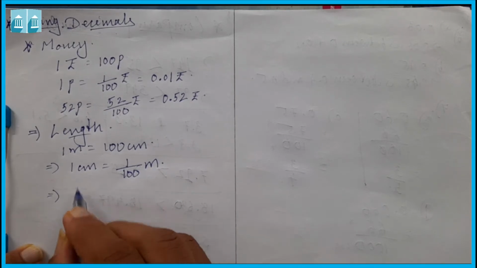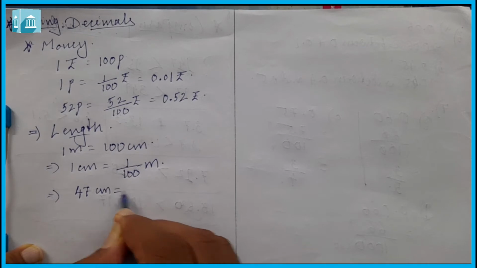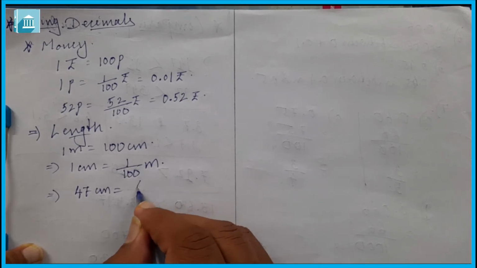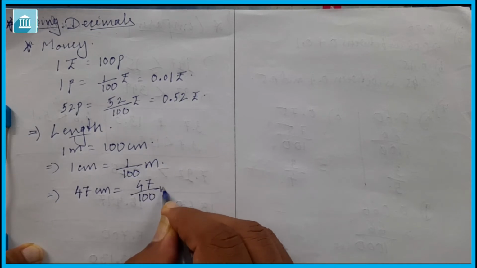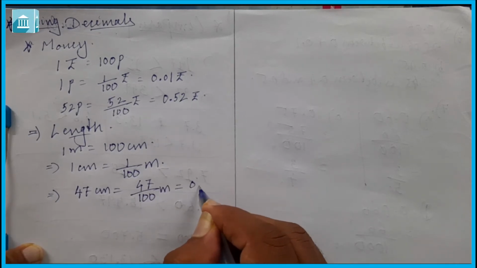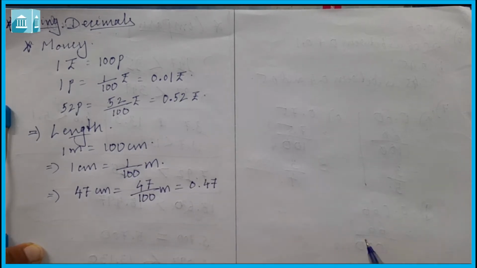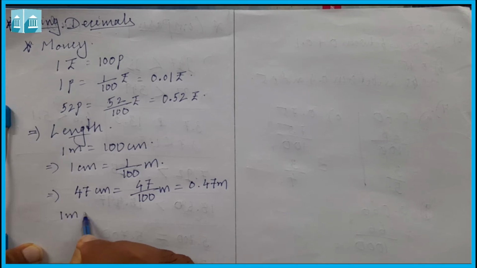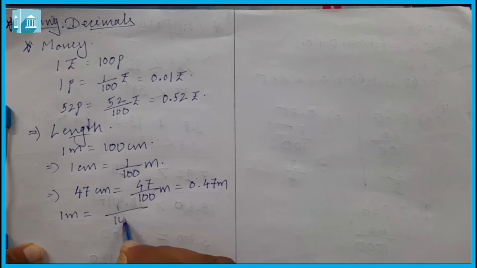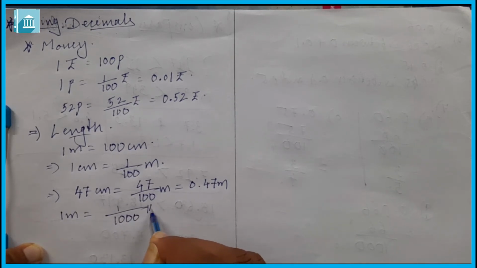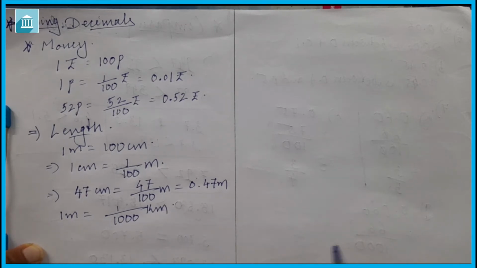Now suppose we want to convert 47 centimeters into meters, then it will be 47 upon 100 meter, which is equal to 0.47 meters. In the same way, 1 meter converted into kilometer is 1 upon 1000 kilometer.